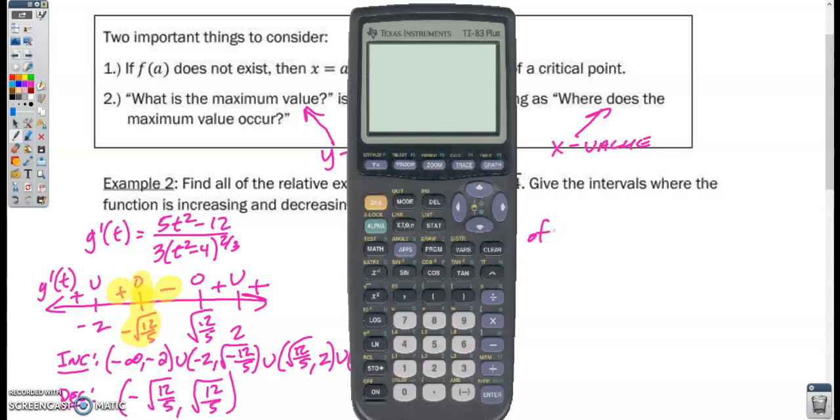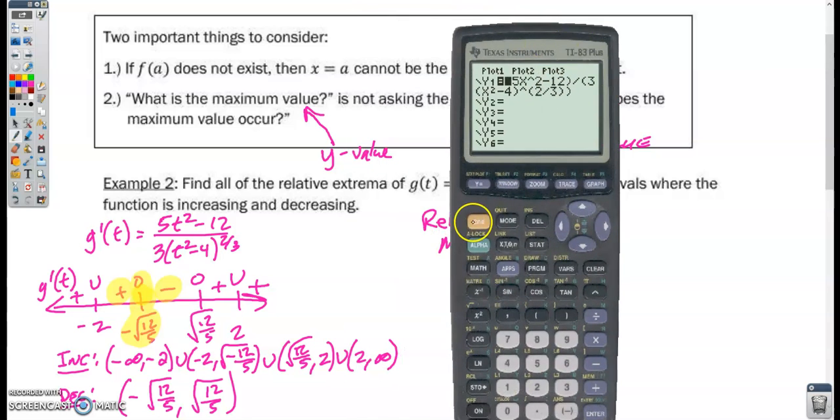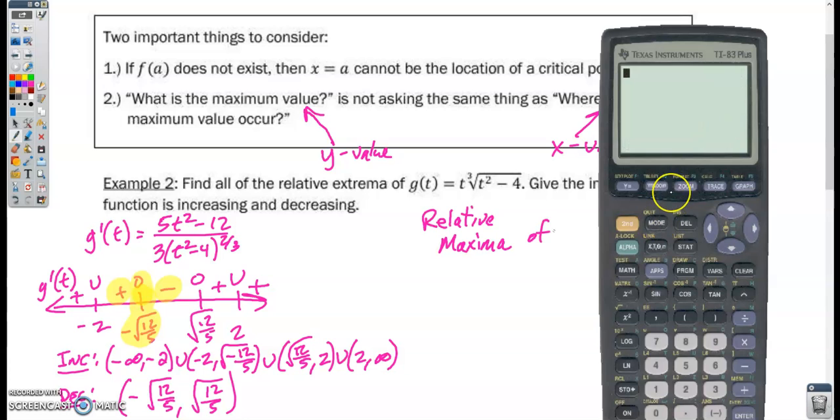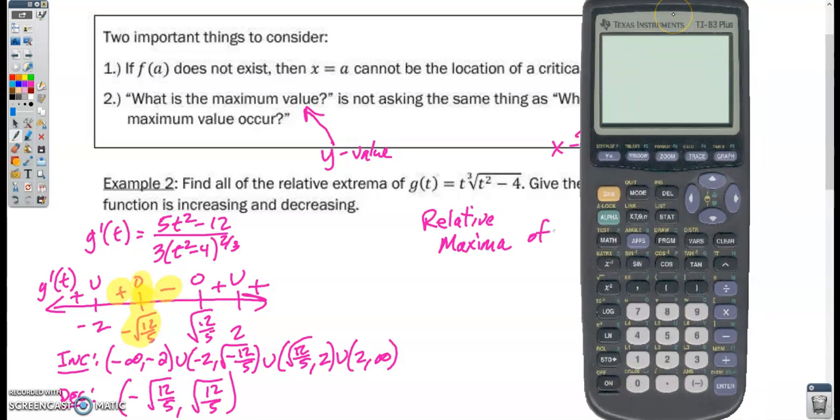So I'm going to go ahead and pull up my original function here. And I'm going to substitute negative square root of 12 over 5 in there.